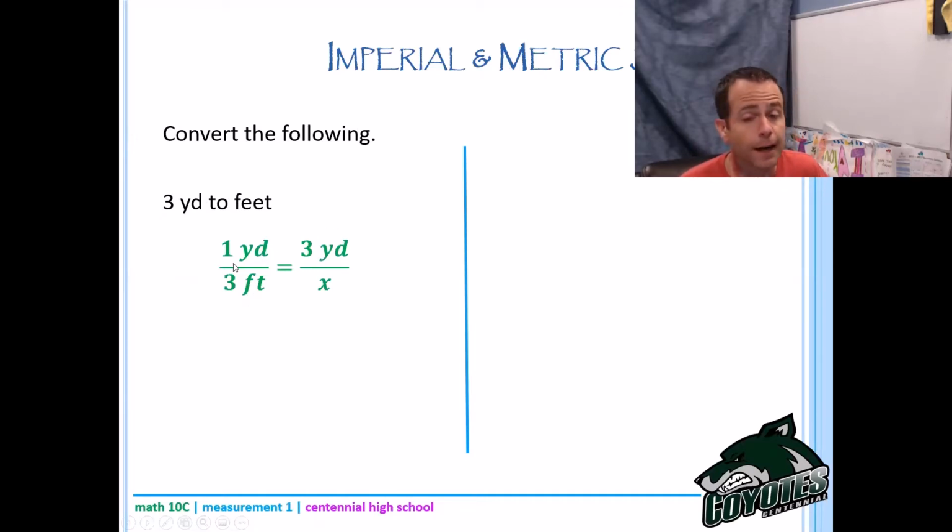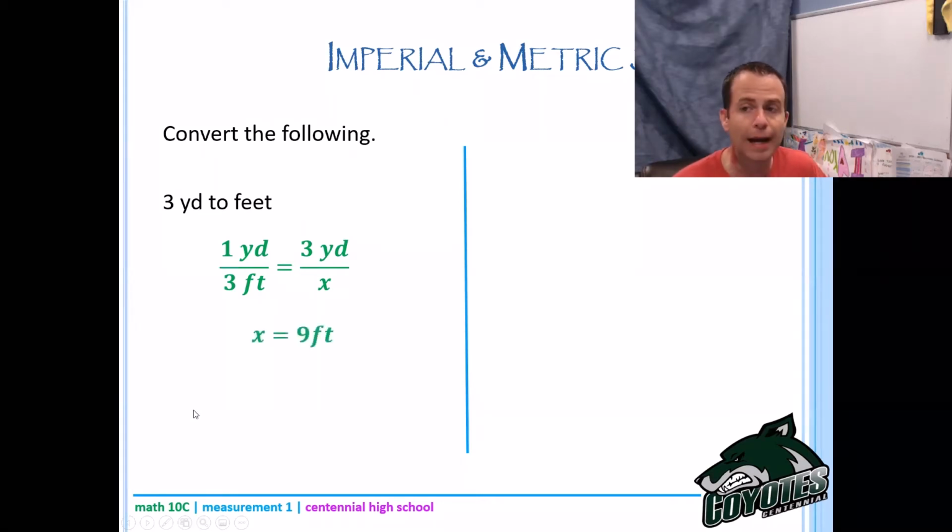Okay, if I had switched this so that it was feet over yards, then this guy also would have to be feet over yards. Okay, when I go to cross multiply, I go 3 times 3 and 1 times x. So that's going to get me x equals 9. Then don't forget, you have to give me the unit that you're talking about as well. So x is 9 feet, okay?